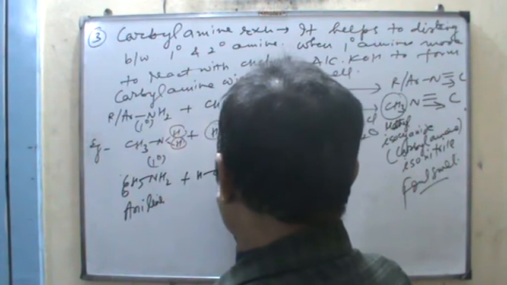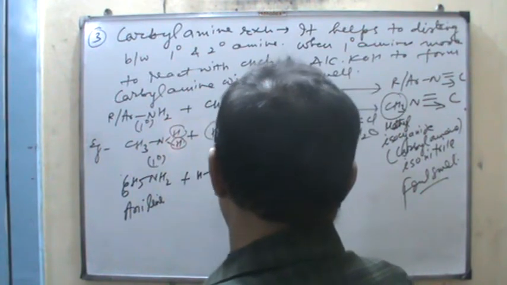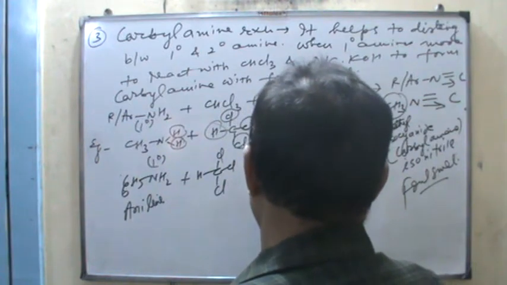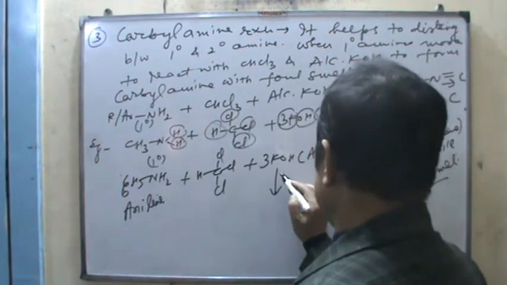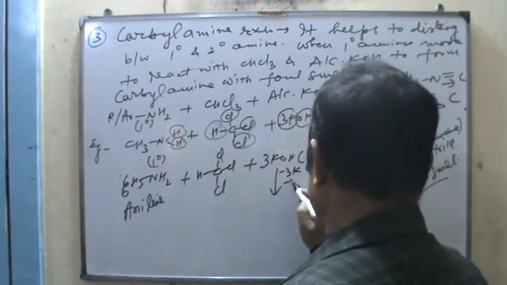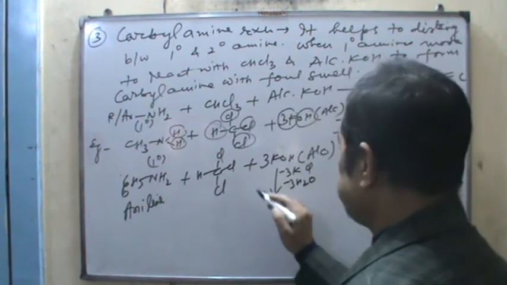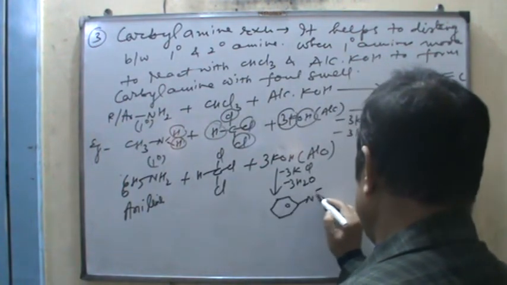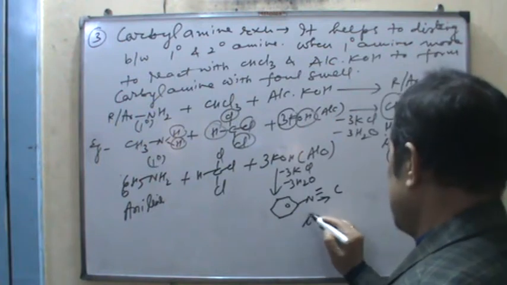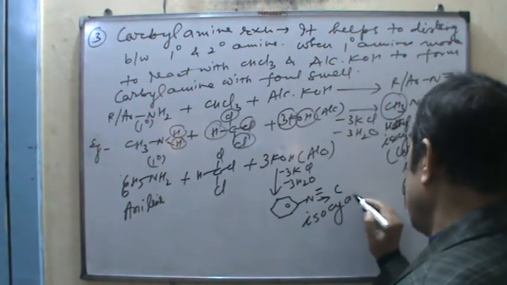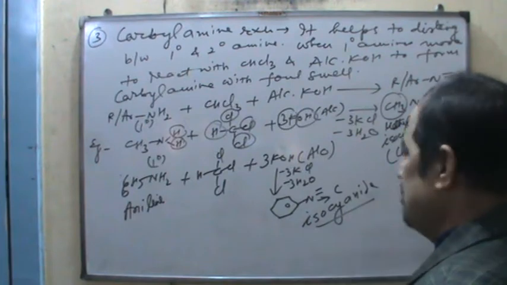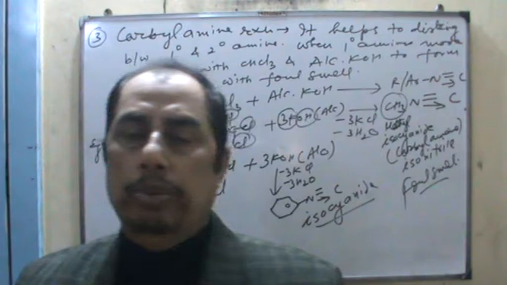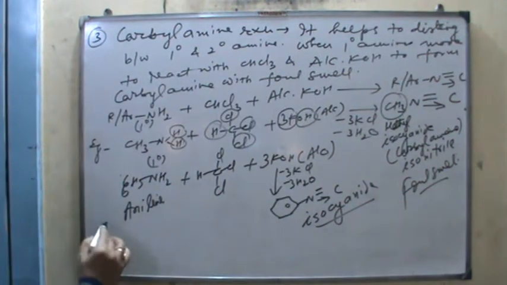Now chloroform CHCl3 plus 3 times alcoholic KOH. 3KCl minus 3 times water, and it forms phenyl isocyanide or phenyl carbylamine, foul smell.